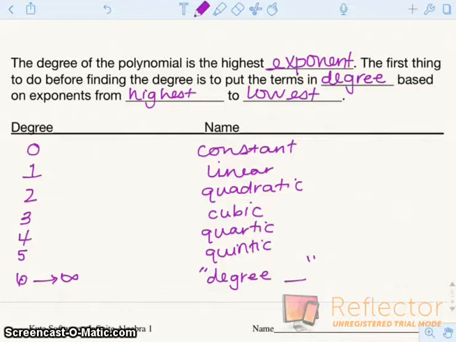That should sound a little familiar. You guys have been graphing linear functions. Anything degree 1. Degree 2 is a quadratic. 3 is a cubic. 4 is a quartic. 5 is a quintic. And anything 6 and up, we stop giving them specific names and we just say degree blank. So if it was x to the 8th power, I would say degree 8, polynomial, monomial, whatever I was looking at.